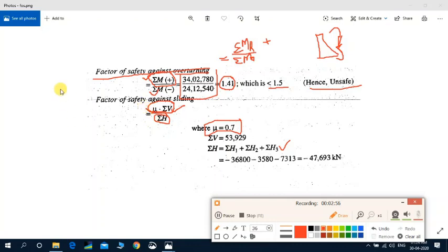I have not considered any minor forces, and I have used very simple formulas. I have not considered the shear friction factor or the principal stresses. This is just to give you an idea of how to calculate the forces, stresses and factor of safety. This is a basic design.